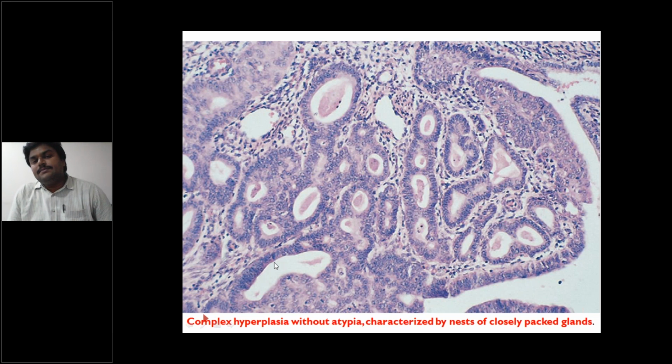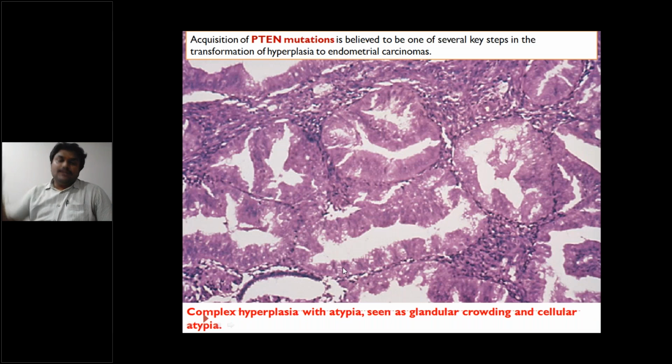The latest WHO calls complex hyperplasia without atypia endometrial hyperplasia without atypia, whereas complex hyperplasia with atypia is called endometrial intraepithelial neoplasia. These are the advanced things you should know, because when you're writing MCQs, or the MD or MS entrance, you should know these things.